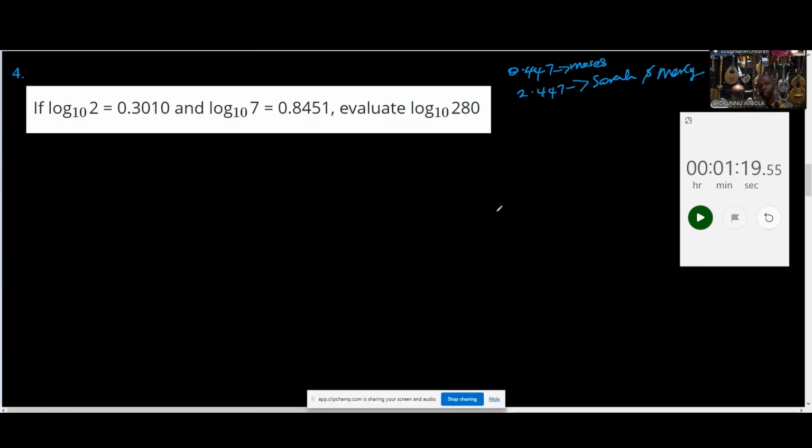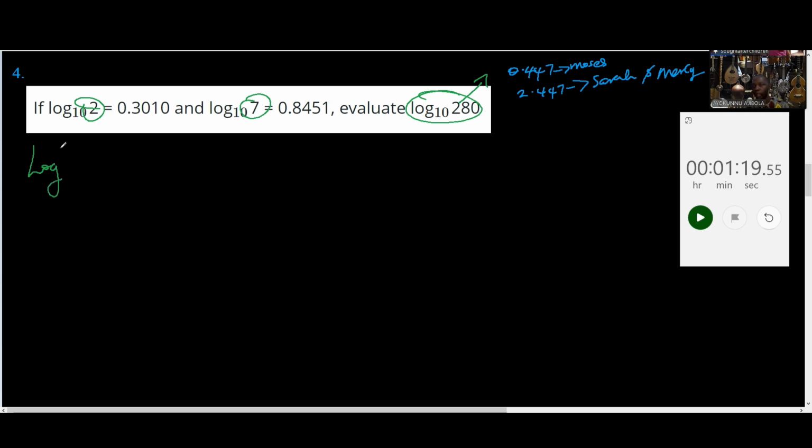It's another one that will allow us to explore a kind of theorem of logarithm. This is what we want to evaluate on the right side here, and these are what we have, 2 and 7. So we have to bring 2 and 7 out of 280. The best way to do that is to say log 280 equal to log 28 times 10, base 10.